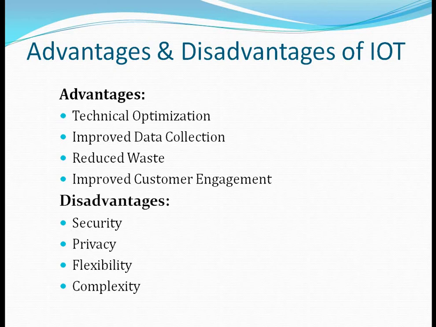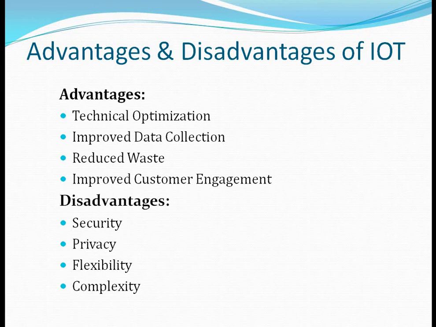By using IoT, without manpower, they can collect the data easily. Second one, improving data collection. Without using manpower, we can collect lots of data, each and every minute, by a particular sensor. Whatever is happening in that particular position, we can collect each and every data.